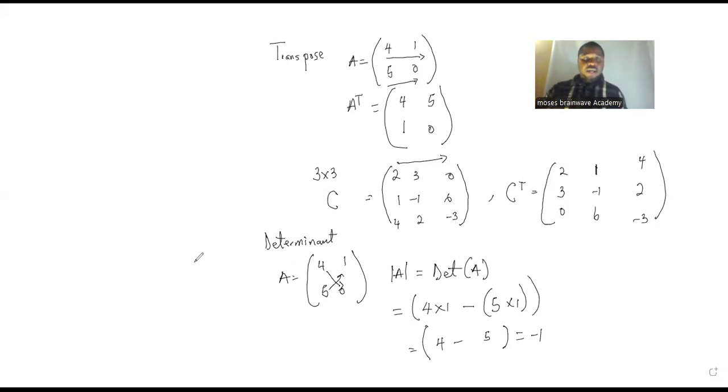Good. Now let's talk about the determinant of a 3 by 3 matrix. So if it is 3 by 3, the determinant of a 3 by 3 matrix.